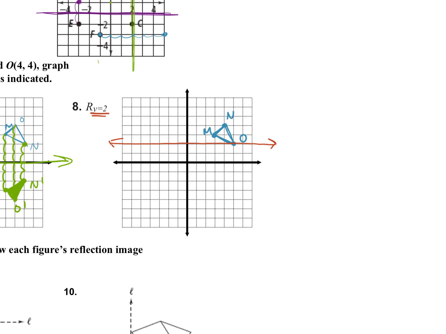So your O prime is the exact same point as O. Okay, where does N go? It's 2 above, so you're going to go 2 below. So that's N prime. M is 1 above, so you're going to go 1 below. That's M prime. So you get this triangle.